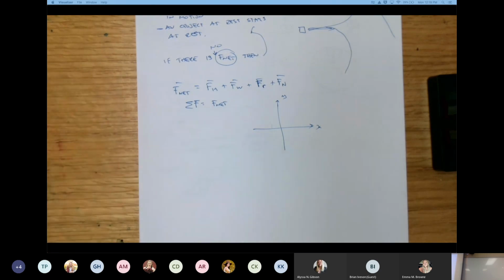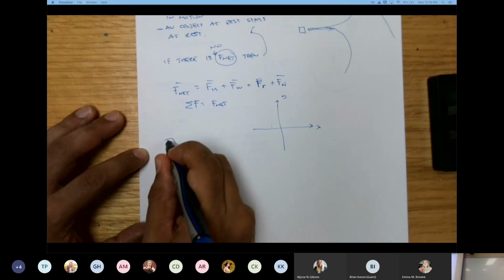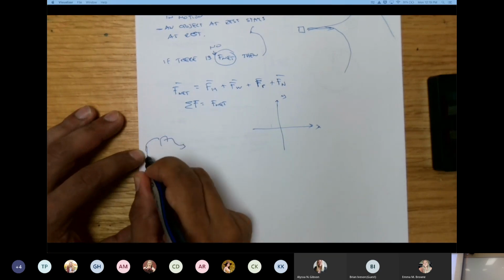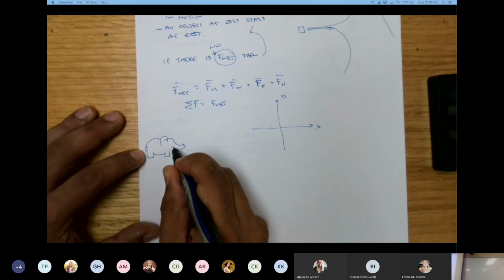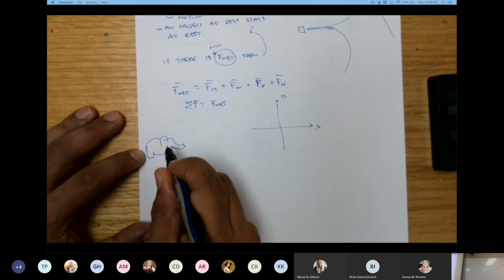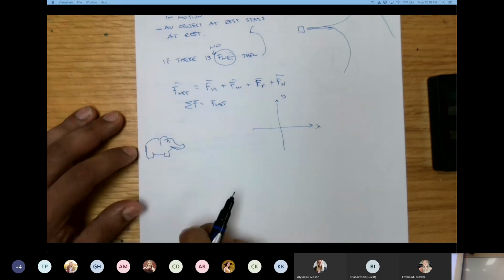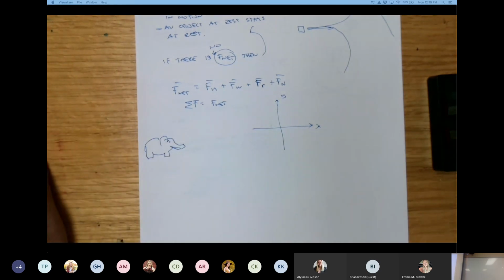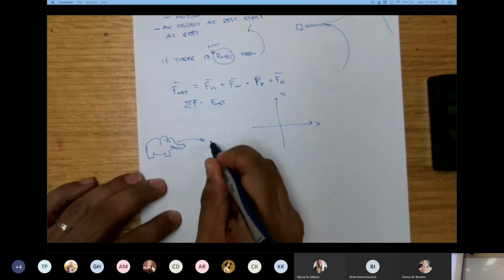So if I have an elephant, it took me a long time to learn to draw elephants, so I do them all the time that I can. Although I always mess up this part. There you go. Kind of a sad elephant. So if I want to look at the forces on the elephant, I'm going to ignore completely the shape of the elephant. Maybe that's why he's so sad. And I'm going to say this elephant is just going to be a single point.